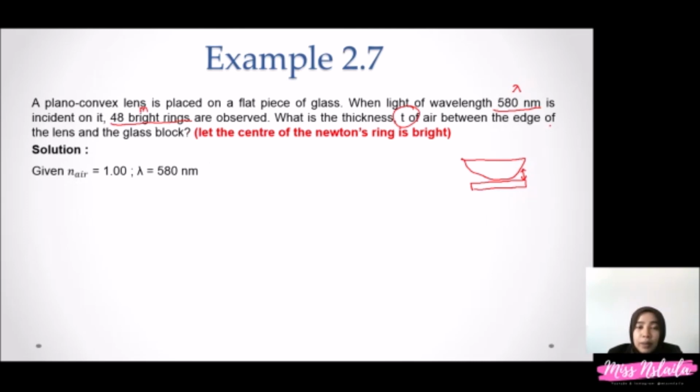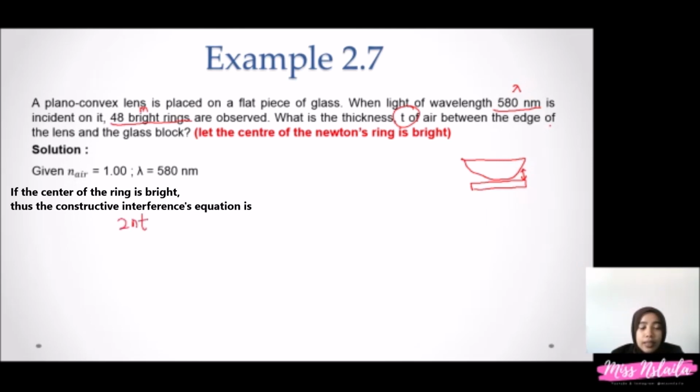When we talk about bright rings or constructive interference, we will use this equation: 2nt equal to m lambda. Then how to determine the m? So if the center of the Newton's ring is bright, m equal to 0, there are 48 bright rings, so m will be equal to 48.